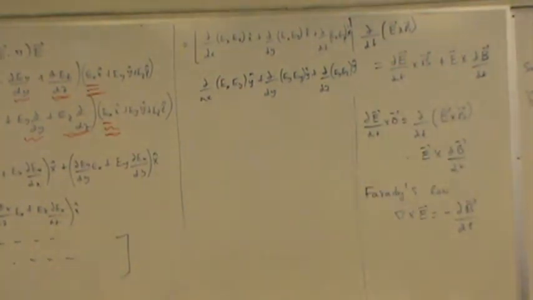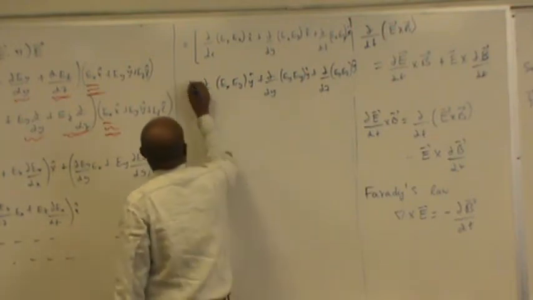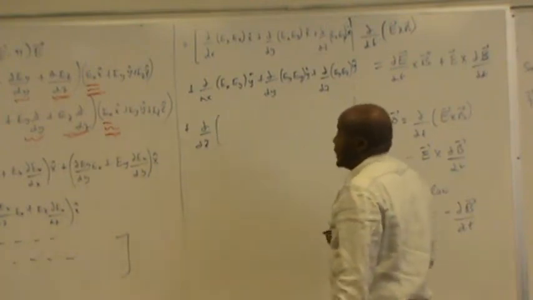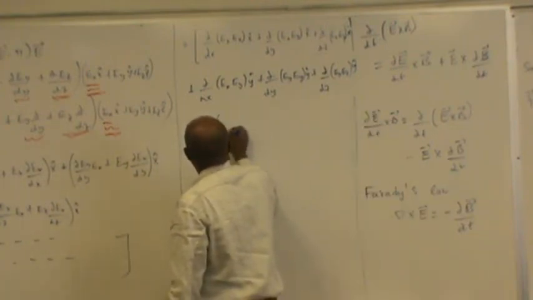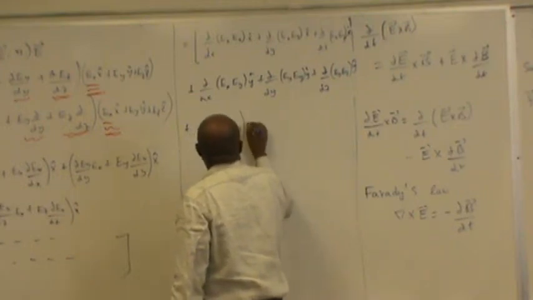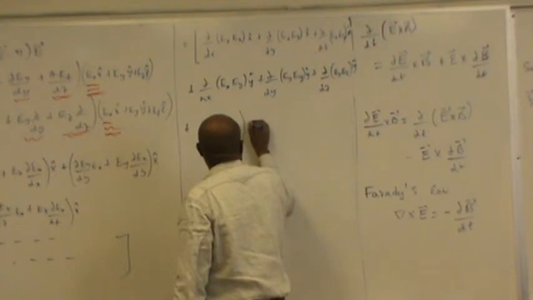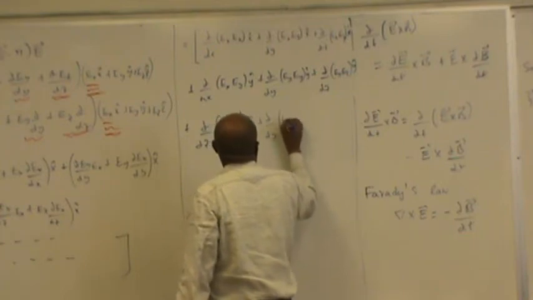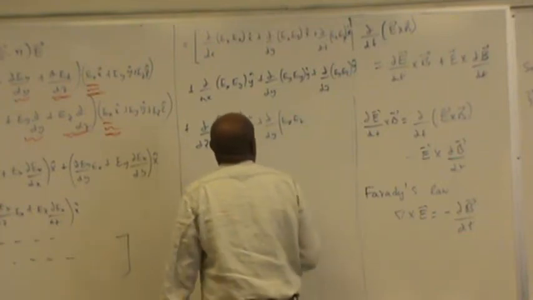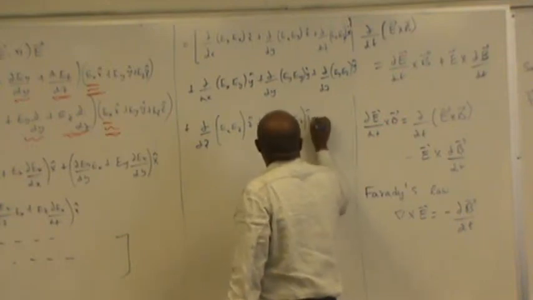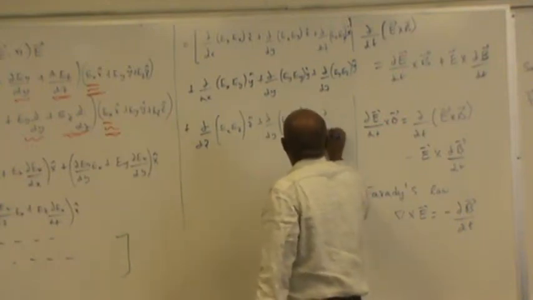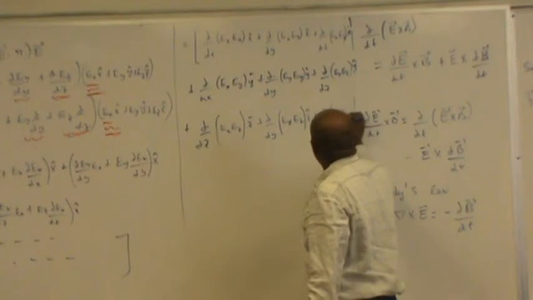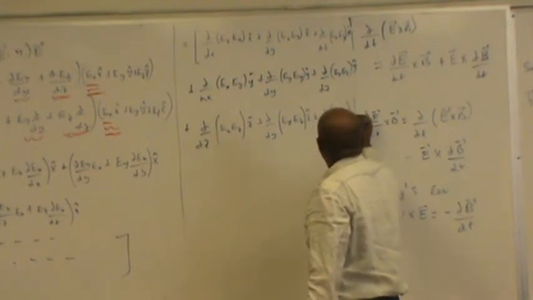All right. So similarly, for the z component, plus d by dx of Ex Ez along z hat plus d by dy of Ey Ez along z hat plus d by dz of Ez Ez along z hat.